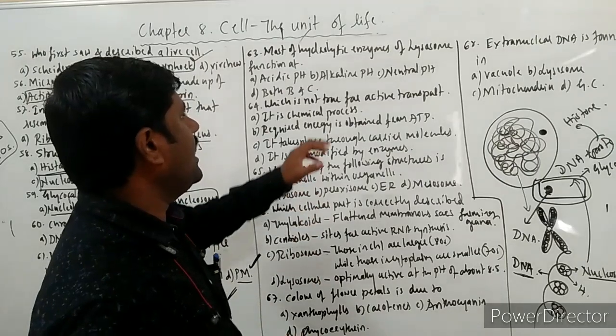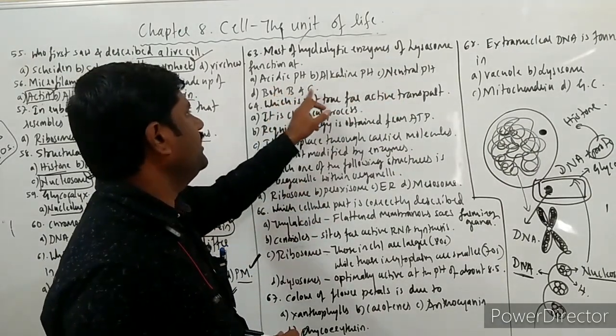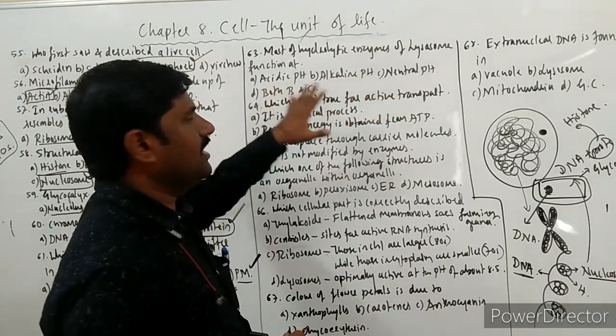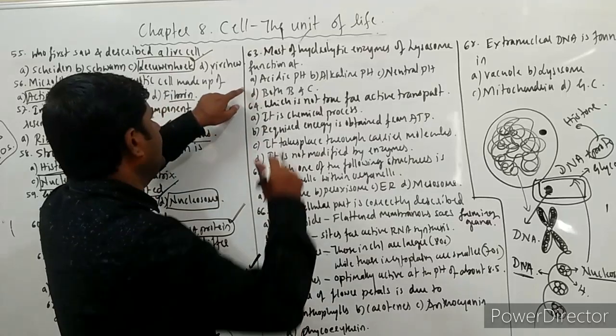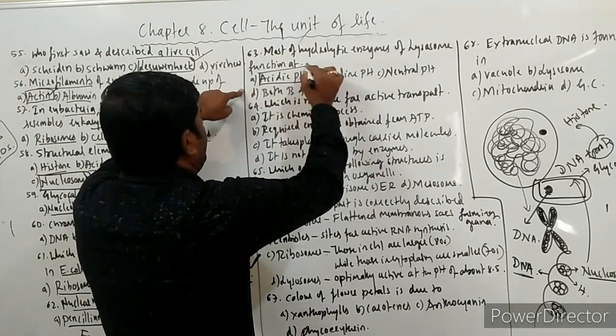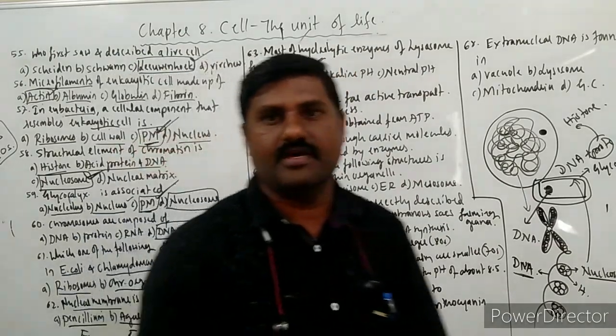They do not act in alkaline medium, neutral, or both B and C. They act in acidic pH. That's why the first option A is the correct answer for this question.